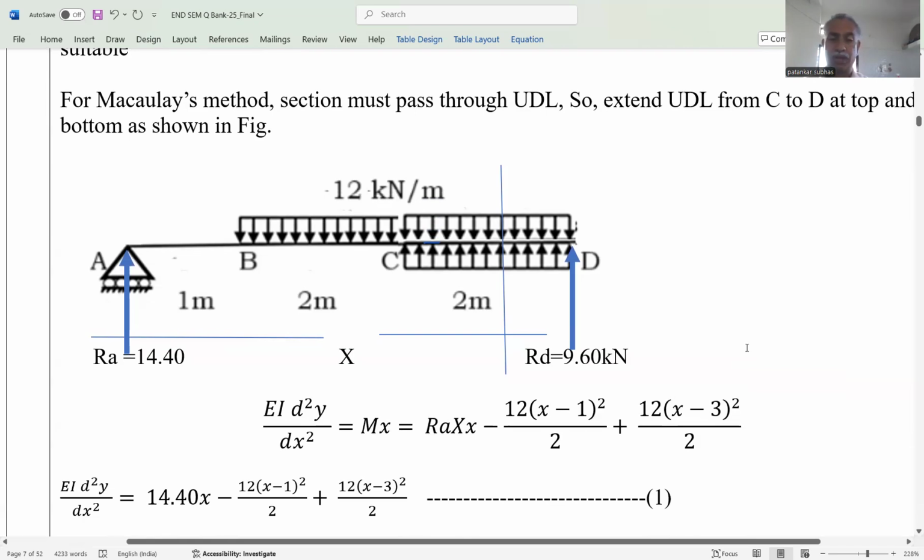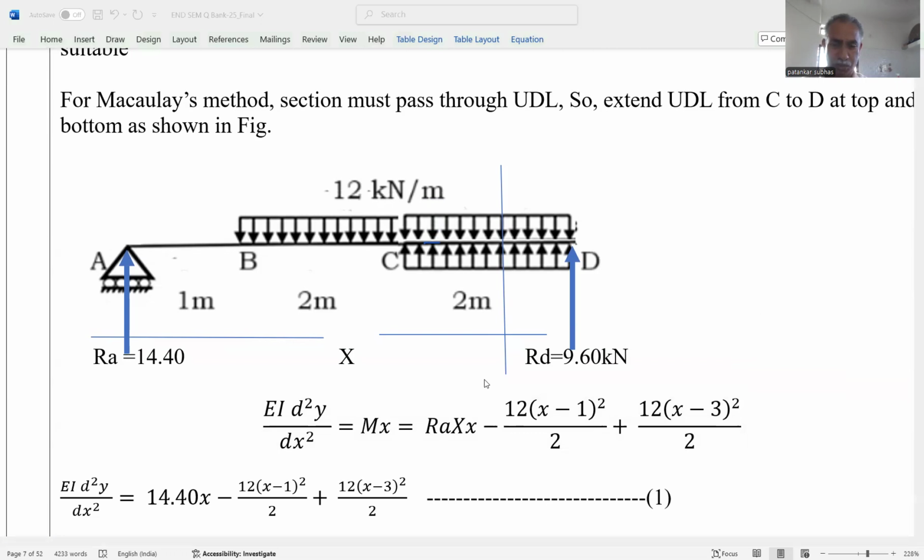EI d2y by dx square is equal to Mx, and Mx is equal to Ra multiplied by x. This is the first one. Generally, in Macaulay's method, we take the sections or lines like this. This is the first one.